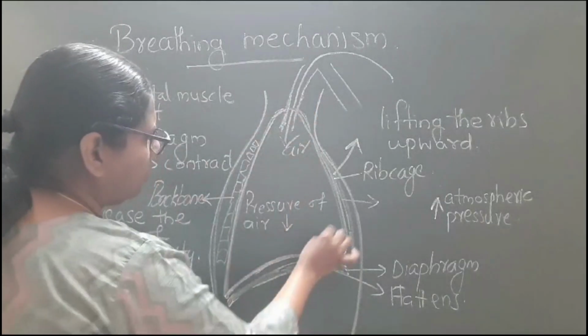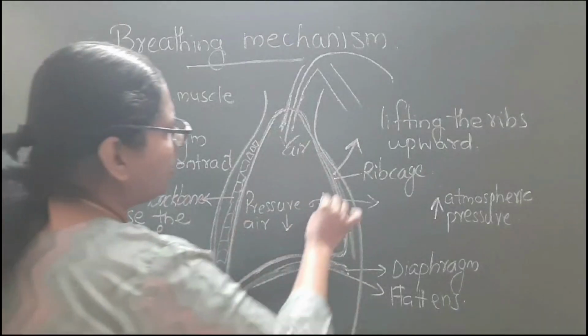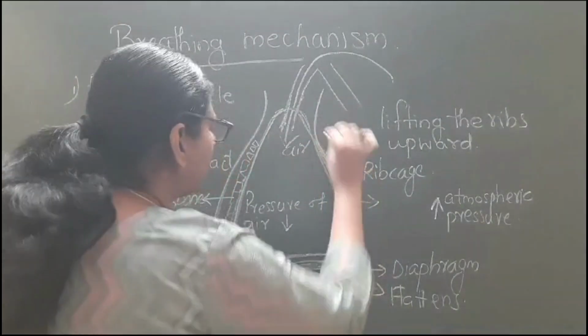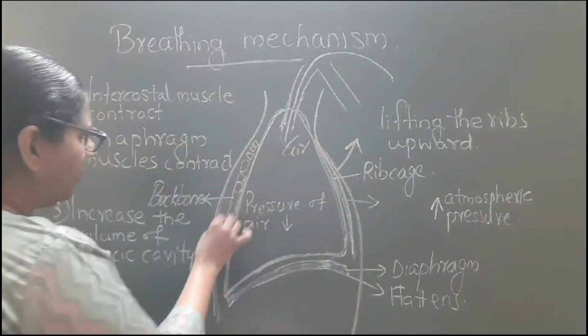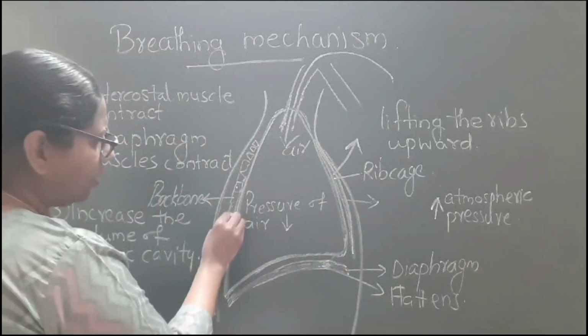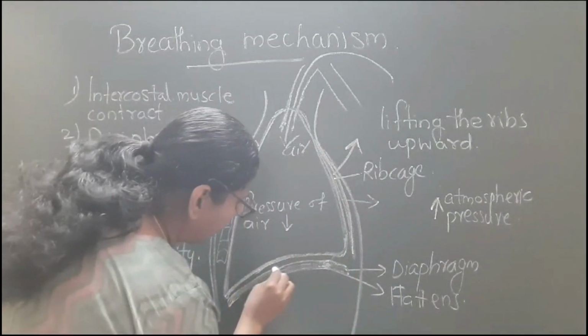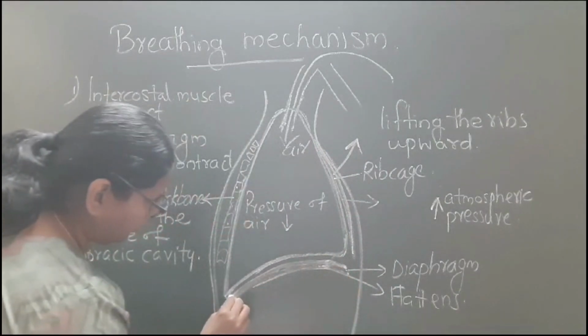This is the lungs, and in front of the lungs there is the rib cage. Behind is the backbone. Now this is the diaphragm.